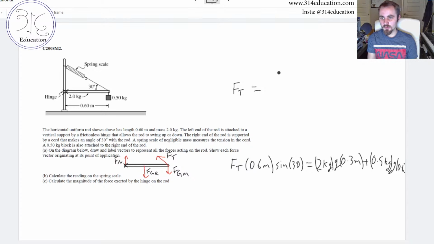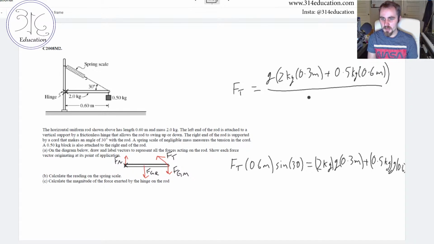And so let's write this a little bit nicer. I'm going to pull the g out front here. We'll have 2 kilograms times 0.3 meters plus 0.5 kilograms times 0.6 meters. I'm going to need a calculator for this one, but that's okay. Divided by 0.6 meters times sine of 30 degrees.